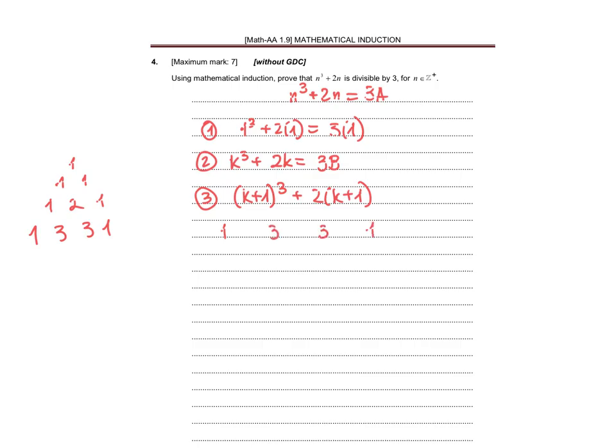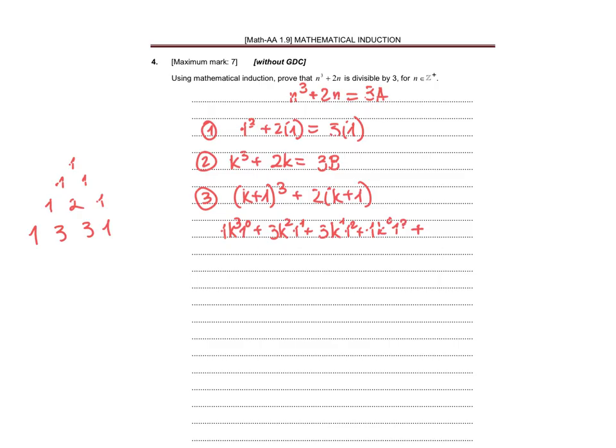Your first term's going to go down, so k cubed, k squared, k to the 1, and then k to the 0. And then our second term is going to go up, so it's going to be 1 to the 0, 1 to the 1, 1 to the 2, 1 to the 3, and then pluses in between. And then we're going to have plus, I'm really sorry about this one.